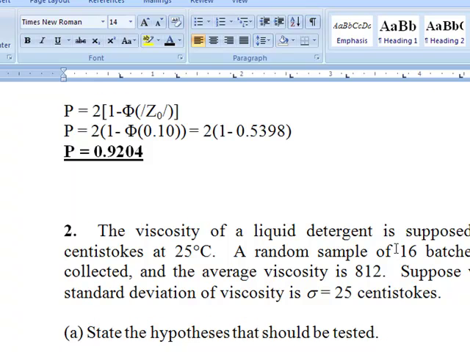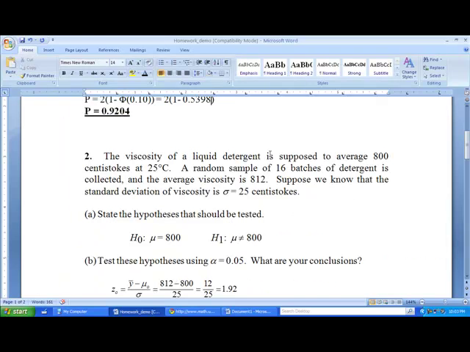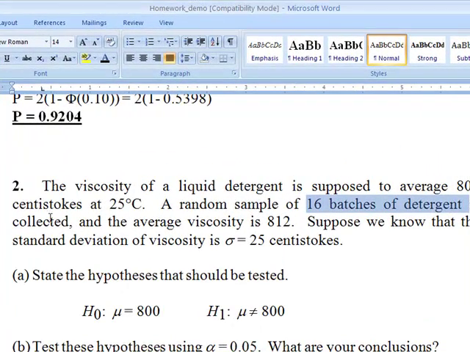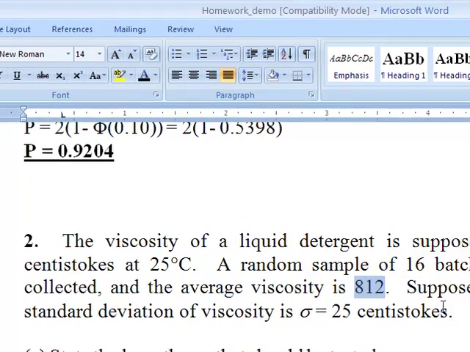Now let's focus on the second example here. The viscosity of a liquid detergent is supposed to average 800 centistokes at 25 degrees centigrade. So mu is 800, right? A random sample of 16 batches of detergent is collected and the average viscosity is 812.